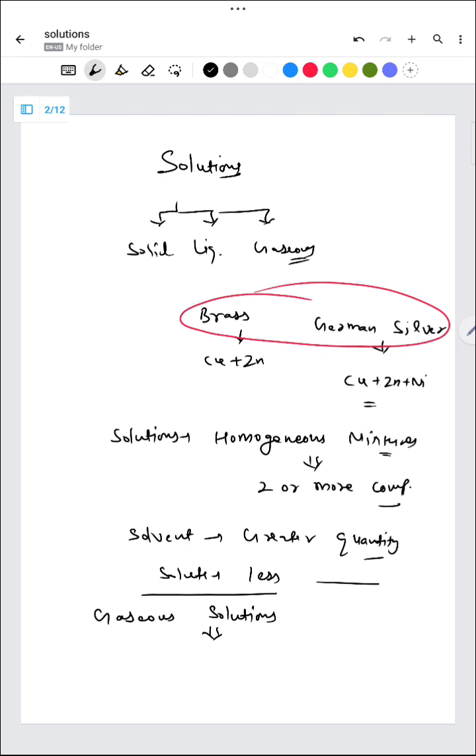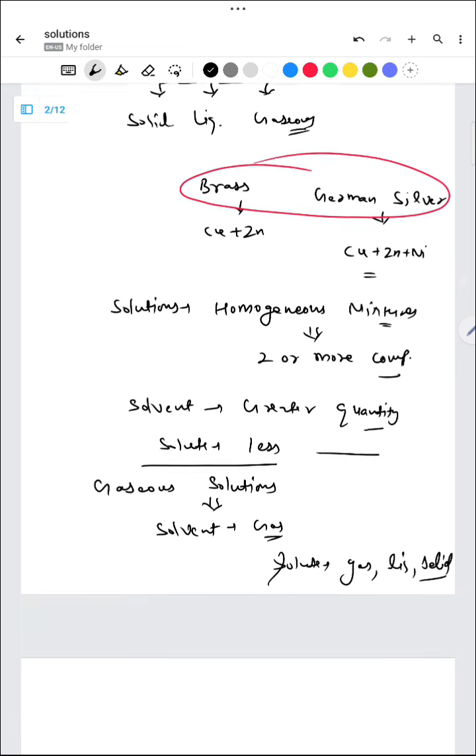In a gaseous solution, the nature of the solvent will be gas, and as the solvent is gas, the solute can be gas, liquid as well as solid.